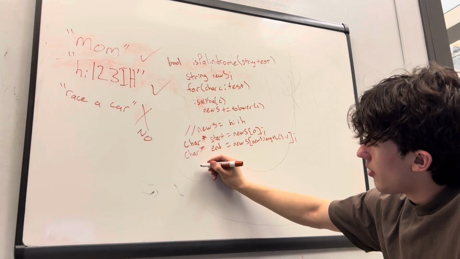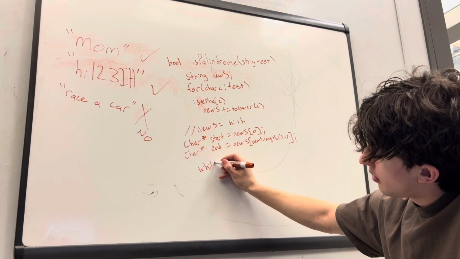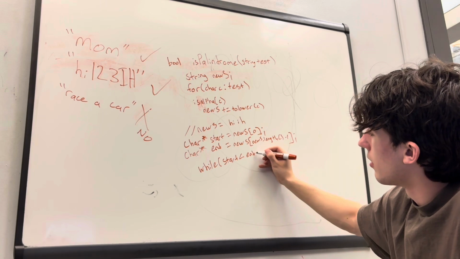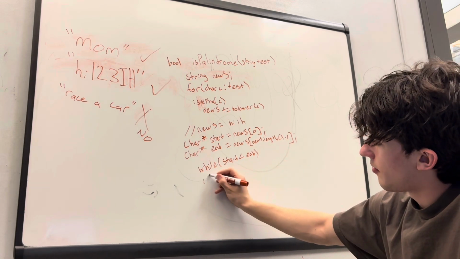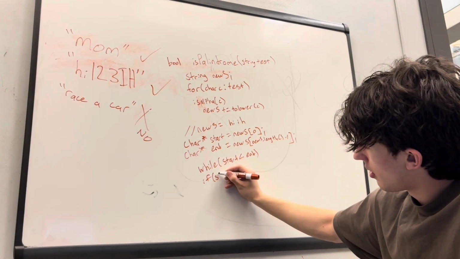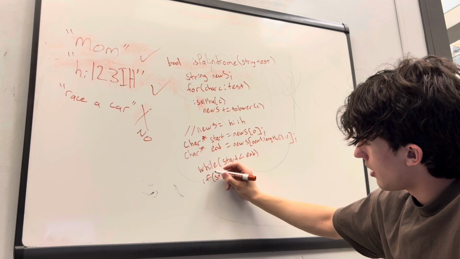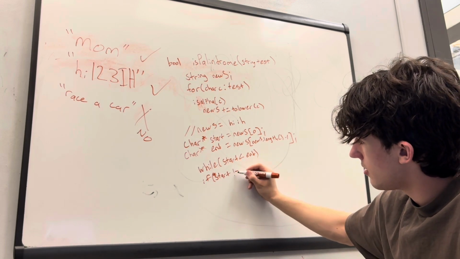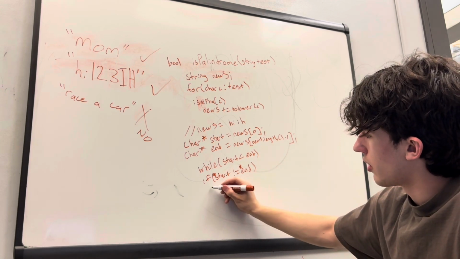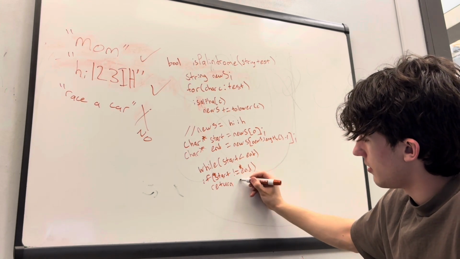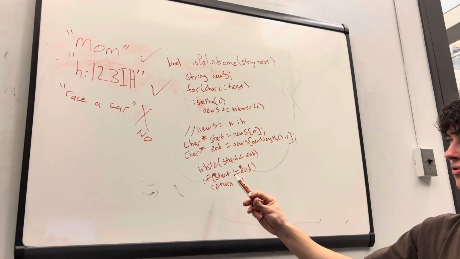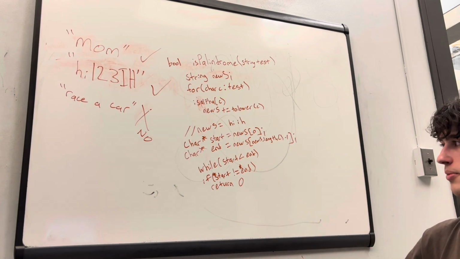And then we're gonna say while our start pointer is less than our end pointer, if start, and we want to dereference, is not equal to end dereferenced, we're going to want to return a 0, because in that case we know that our two characters don't line up, so our string can't be a palindrome.